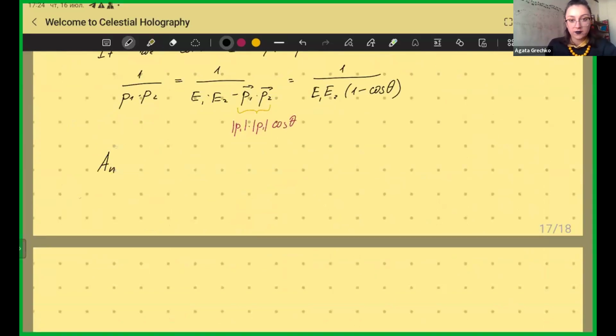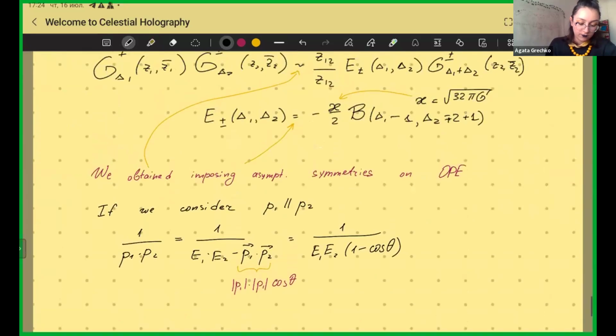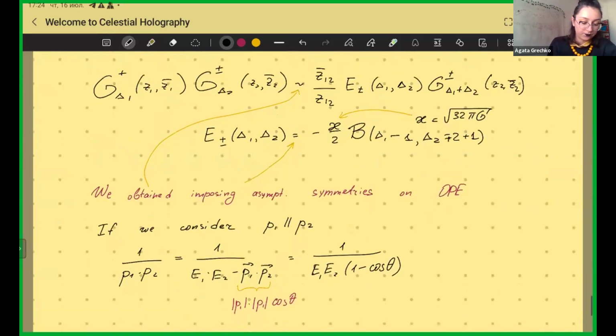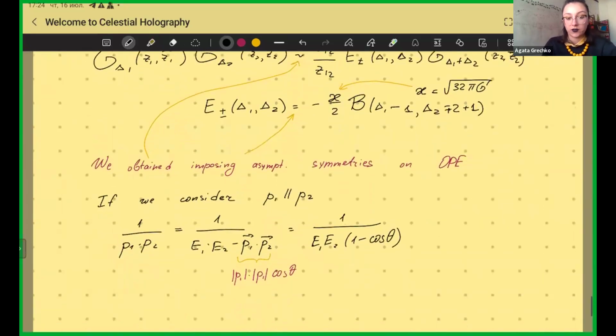So in momentum space, and then we do a Mellin transform, we will obtain the same expansion, the same OPE expansion for two fields.